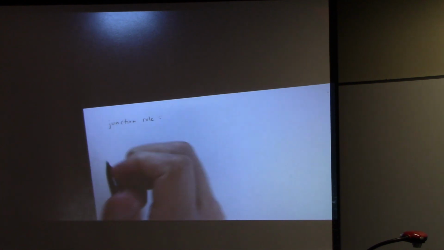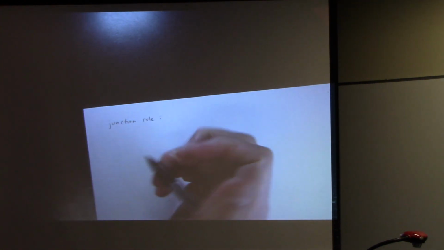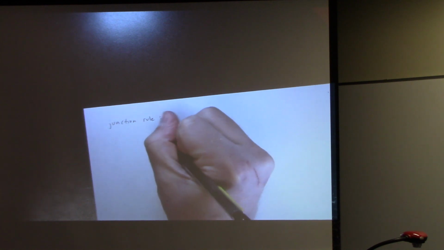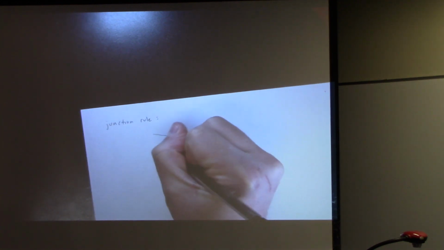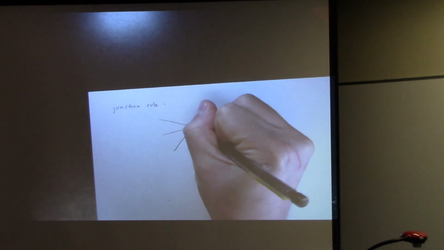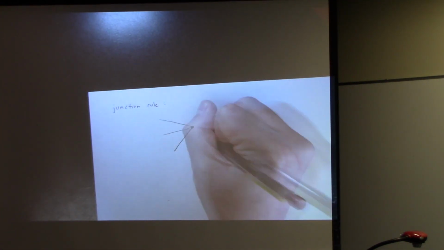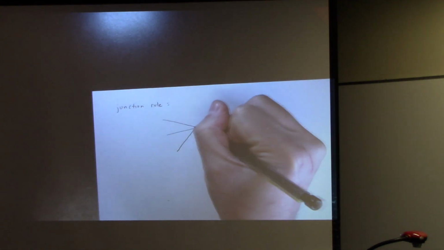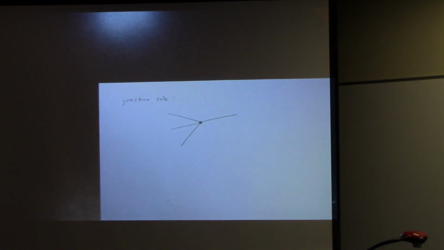Okay, so let's sketch out a picture of what it looks like when there are currents flowing in or out of a junction. This is just one possible example, but let's say we have 3 different wires, like this, which meet at this point, so that will be our junction, and then merge into a single wire after that point.